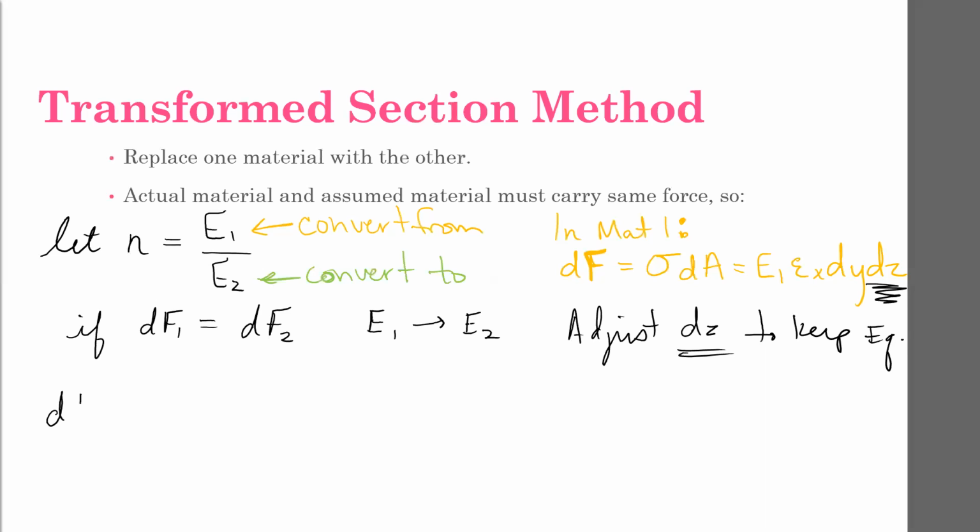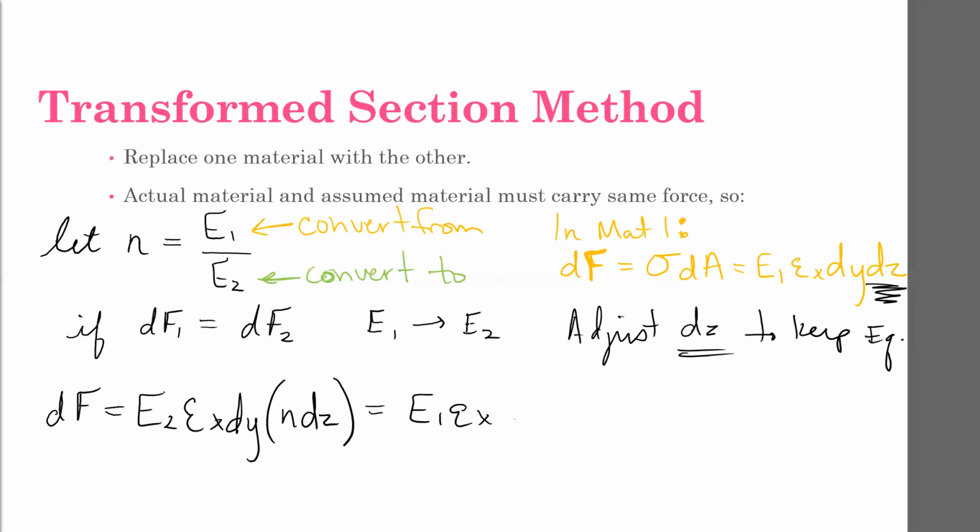And so that means our dF2, well, actually they're the same, so I don't really need a subscript. dF is equal to E2 times strain times dy times the new dz, which we're going to say is equal to n dz. And we know this has to be equal to E1 times strain times dy dz.